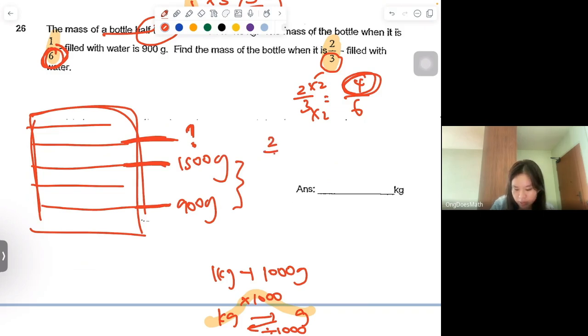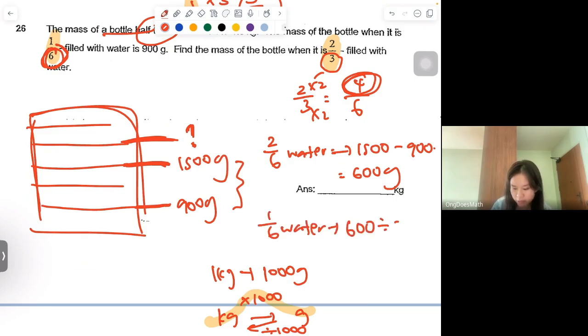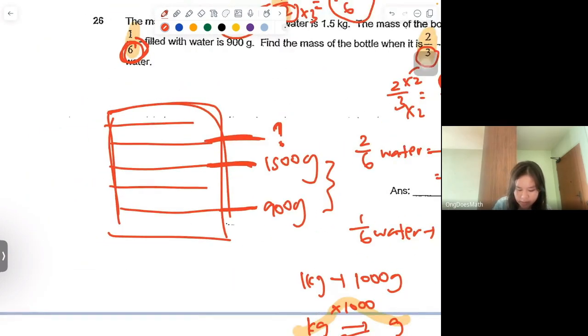So 2/6 water actually weighs 1500 minus 900 gram, and that will give you 600 gram. Then we can find out what 1/6 water weighs. It's just 600 divided by 2, which is 300 gram. So for every 1/6 water, it weighs 300 gram.